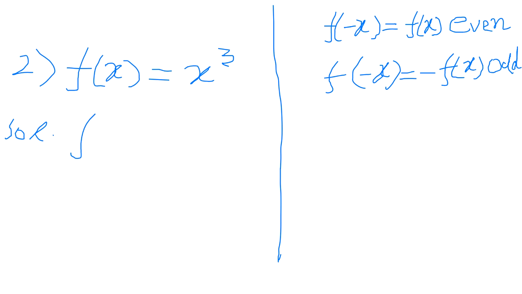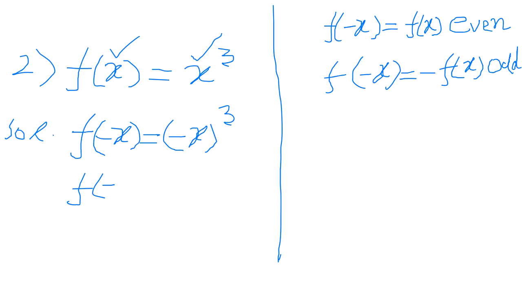So now check here. See the solution of this. In f, all the time, x is replaced by minus x. So here it is minus x power 3. So f of minus x equals minus x power 3, which is minus x times minus x times minus x. Three times minus gives minus. So minus x power 3.